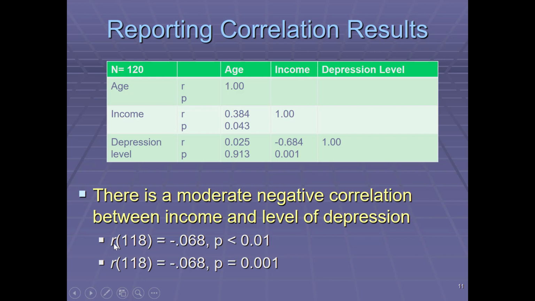So R is your correlation, 118 is your degrees of freedom, which is your sample minus 1. The 0.68 here, that's your actual correlation, this right here. And then your p-value, which is down here, 0.001. So it is less than 0.05, so that means there is a statistical significance, and that would mean that there is a relationship, or there is a correlation, between income and level of depression.